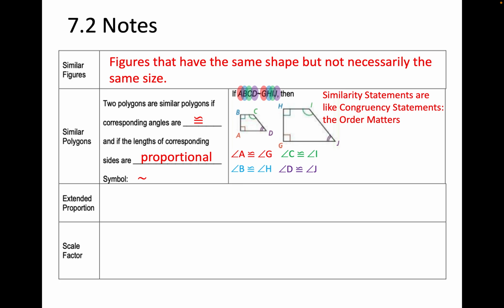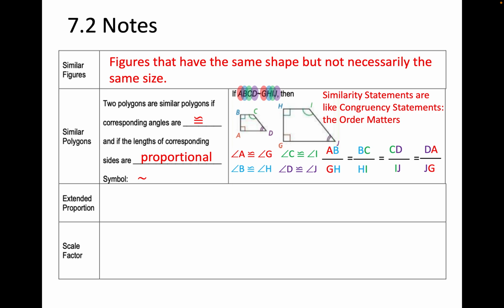And the second part of my similarities says that the lengths of the corresponding sides must be proportional. So that means, in this case, that the length of the side on the left, AB, compared to the length of the side on the left of the big one, GH, that ratio is the same as the ratio that's created by the sides on the top, in this case, BC over HI, which is the same proportion, so the same ratio or equivalent ratios as the sides on the right slanting down, so that would be CD compared to IJ.